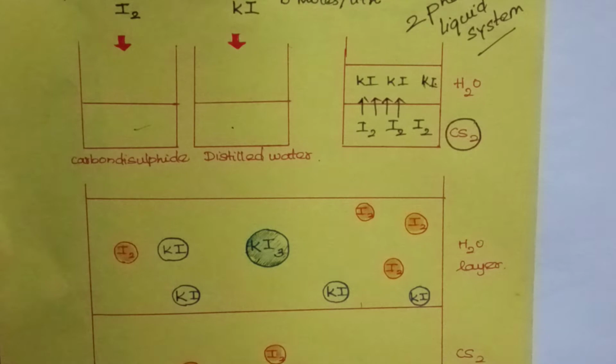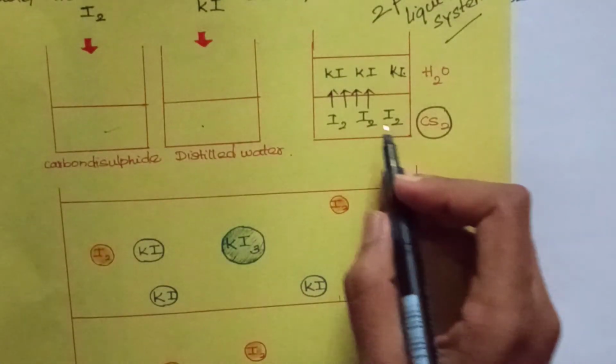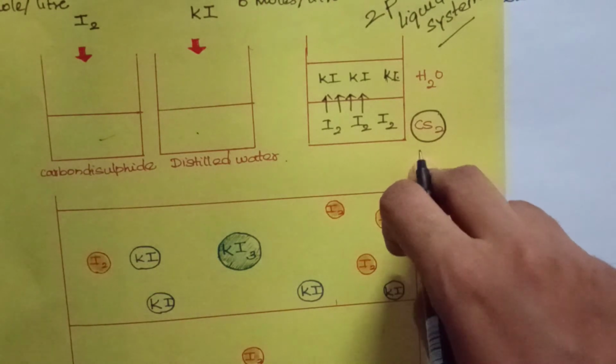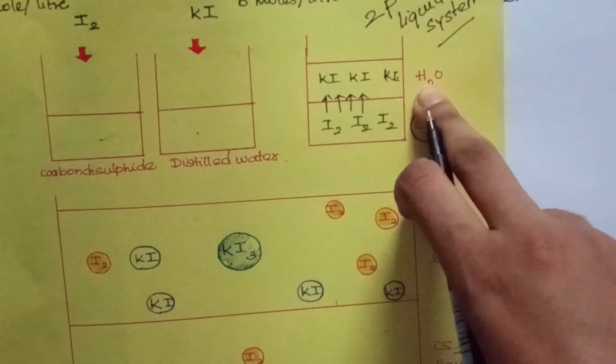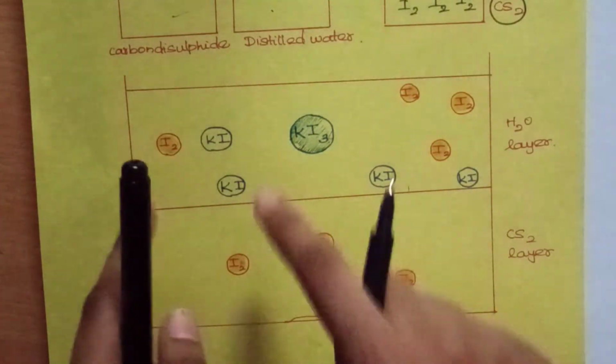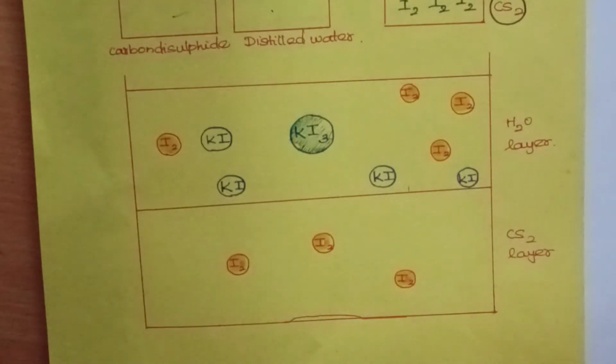So I can say that since the iodine present in the carbon disulfide layer moves to the aqueous layer, the concentration of iodine present in this water layer will be more. It would be in excess.